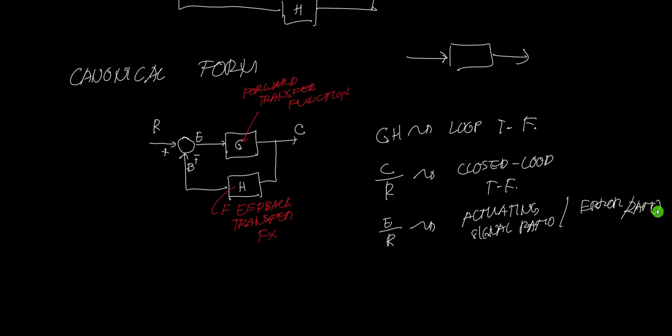And if we divide B, the feedback signal, by R, then this is called the feedback ratio or primary feedback ratio. So these are some parameters that we need to look at in a canonical form. If you have a canonical form, you can derive the values of these different parameters.